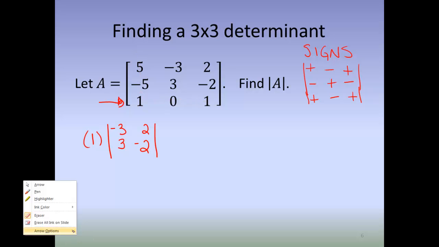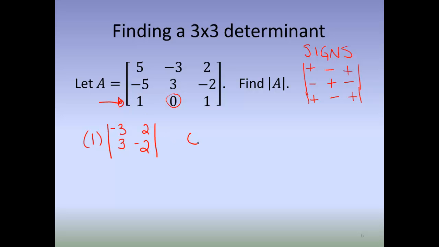Now I'm going to go ahead and set up the 0 as my coefficient. Put the 0 in front. The 2 by 2 that's left is 5, 2, negative 5, negative 2.